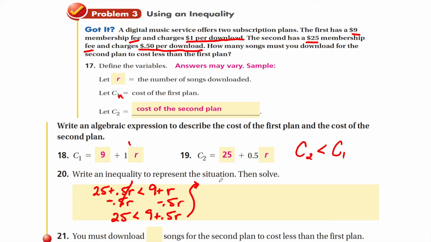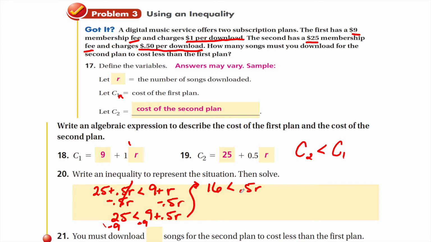The next step, I'm going to subtract 9 from both sides. I'm starting to work towards getting the R by itself. So 25 minus 9 will give you a total of 16. And that would be 16 is less than 0.5R. We are then going to say that 0.5R, we need to move that 0.5 over.